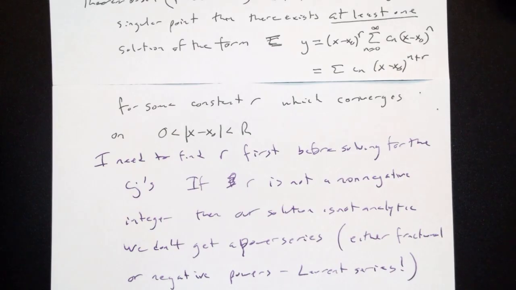I may only get one. I have to get at least one. And just as before, I'm going to assume almost all the time that I'm working where x0 is 0. If not, I will simply translate, do it in t, like I said yesterday. It's just going to make my life easier to do it where x0 is 0.